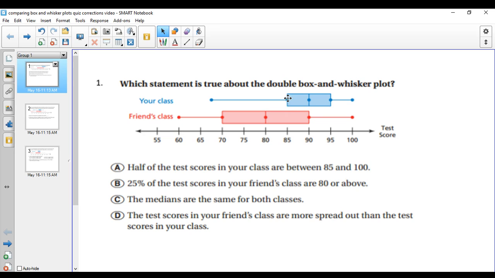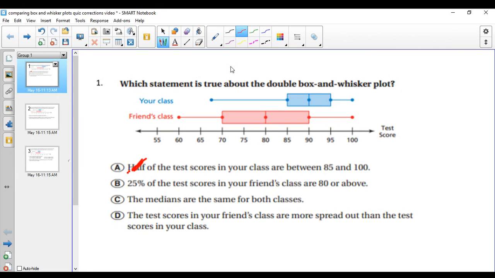So here's 85, the left end of the box, and then 100 is all the way down here at the end. It's the upper extreme. So if that's 3 of the quartiles, that's 75%. So that one would not be true because it says half right there, and it wouldn't be half, it would actually be 75%. So that one's going to be false.